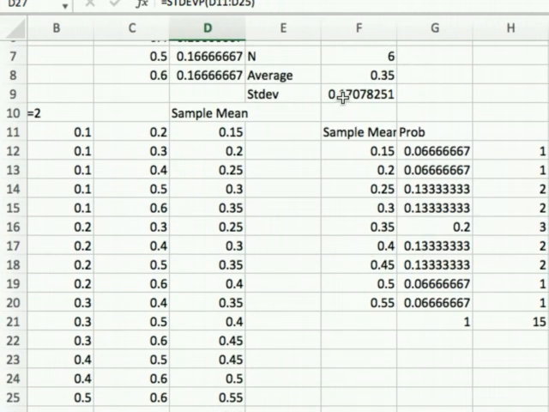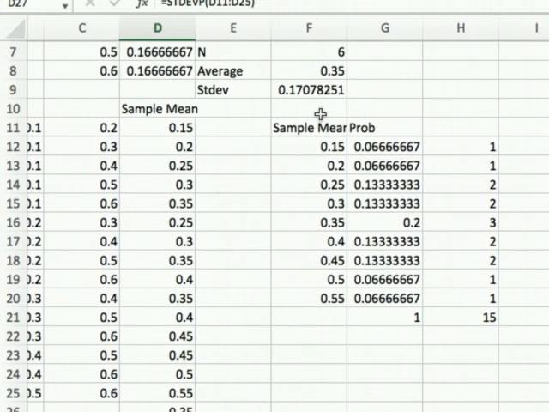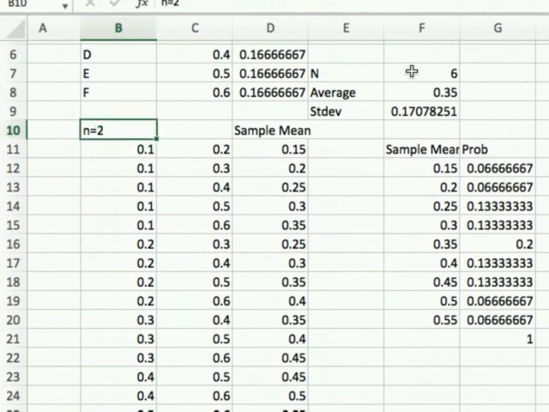Now, if we use the formula that was shown earlier, we can compute for this value using the value of sigma, small letter n, and capital letter N. So in this example, capital N is 6, small letter n is 2. So capital N over small letter n, or 6 over 2, is just equal to 3. That's less than 20.